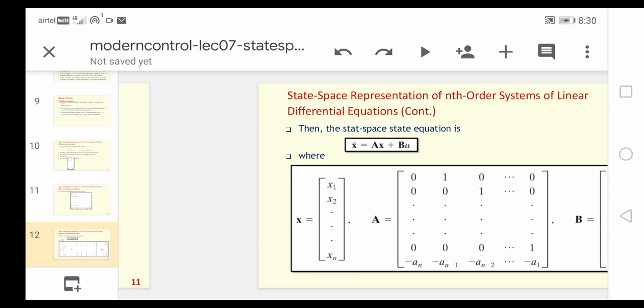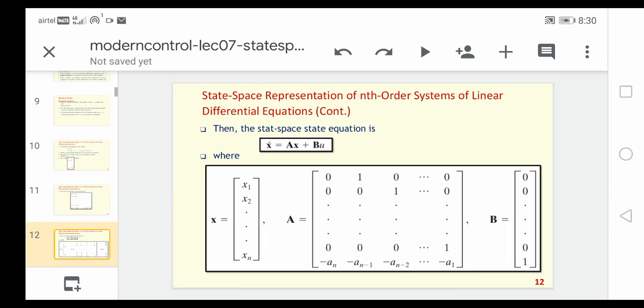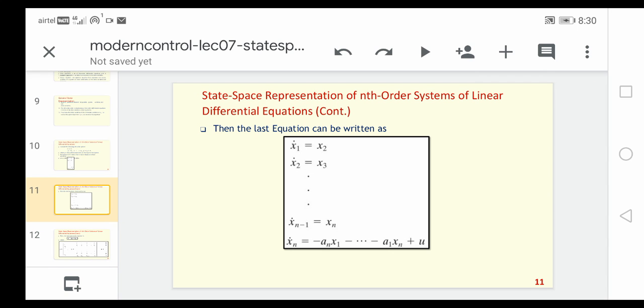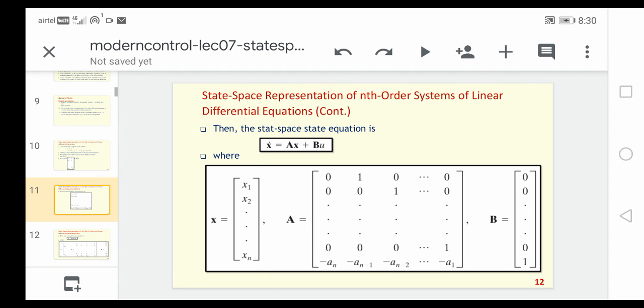And finally, xn dot is equal to minus a n x1 minus a1 xn and so on, plus u of t. You can check these matrices with the previous slide. Now for the B matrix: in the first equation, x1 dot is equal to x2, is there any u coefficient? No, 0. So in the B matrix the first element is 0.